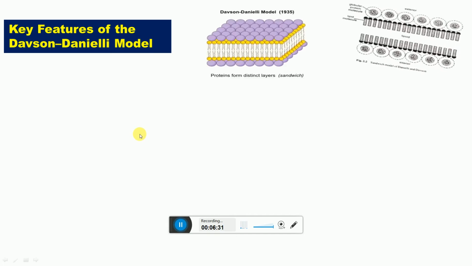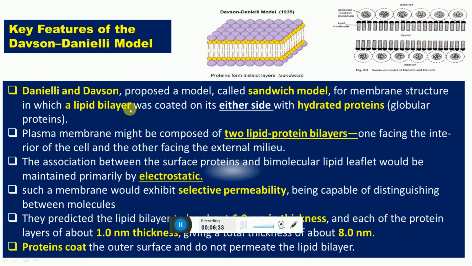Key features of the Danielli-Davson model: it is a proposed model, called the sandwich model, for membrane structure, in which a lipid bilayer was coated on either side with hydrated protein, that is globular protein. The plasma membrane might be composed of two lipid-protein bilayers, one facing the interior of the cell and the other facing the external environment.